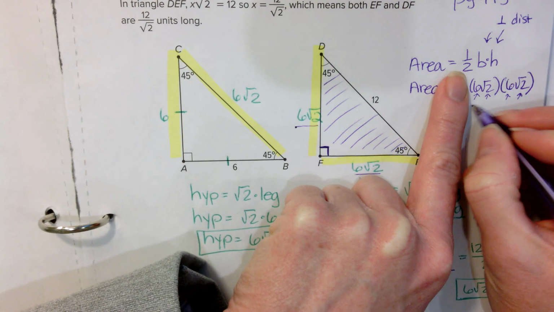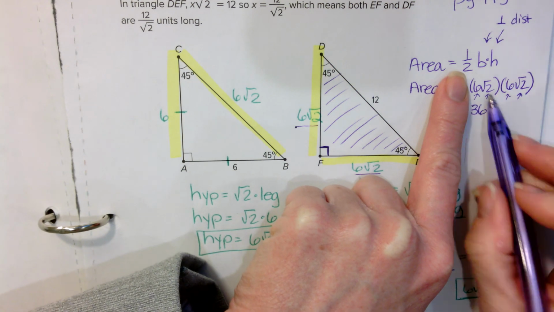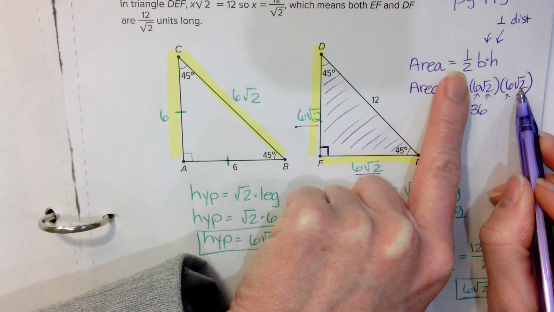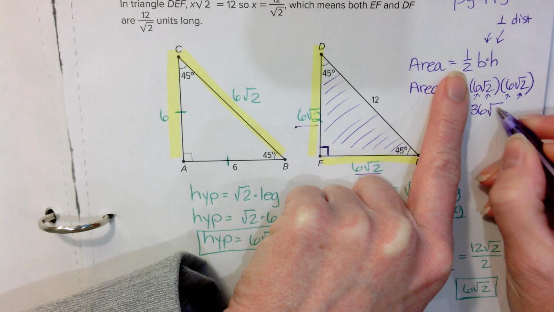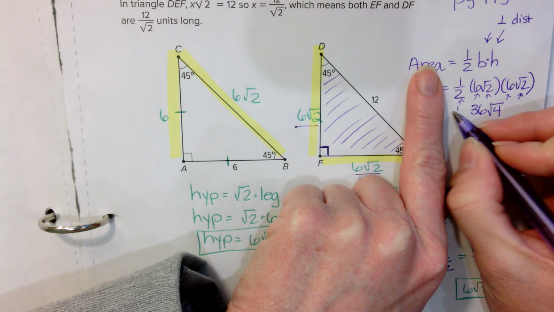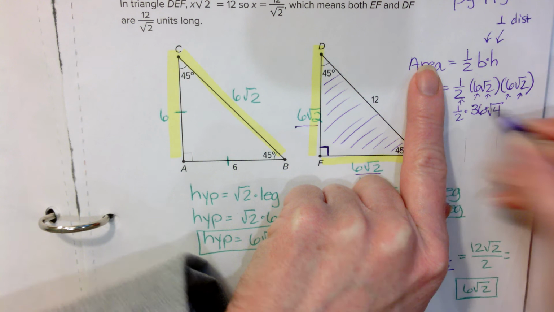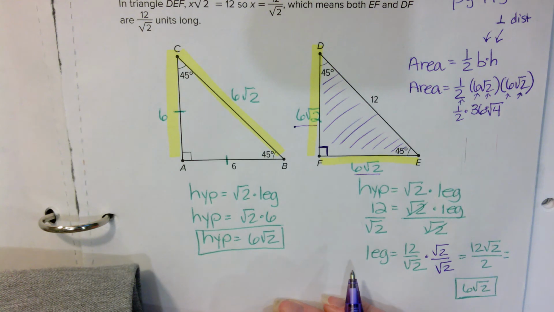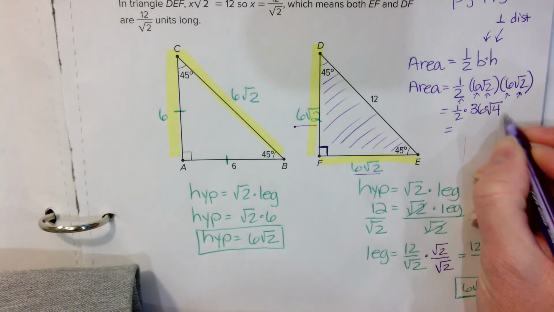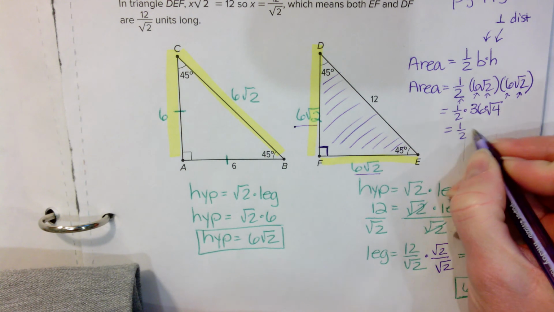I can multiply them and get 36. The square root of 2 and the square root of 2 are like terms. I can multiply them and get the square root of 4. And then my 1/2 is still in front. Multiplication's commutative. You can do it in any order. So before I do anything, I am just going to write that the square root of 4 is 2.